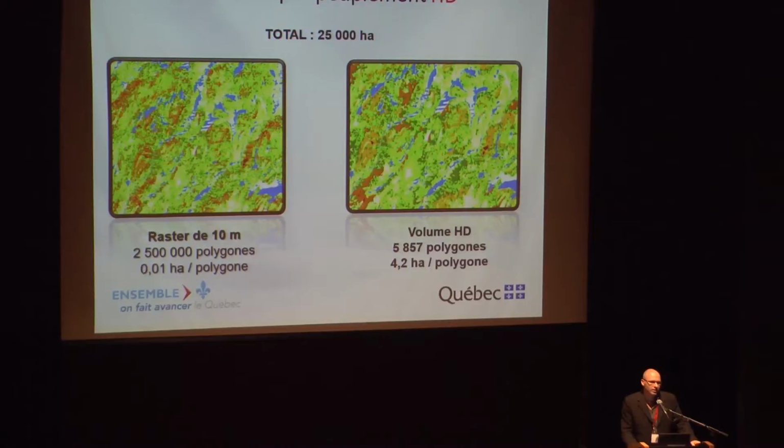So 4.2 hectares. For 4 acres, you'll have 5,857 polygons. The difference for the product is almost the same, so there's not a big difference between both.